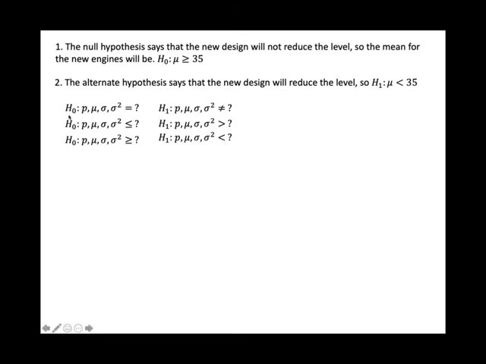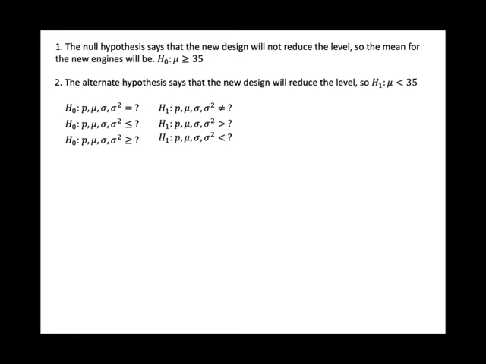And again, the null and the alternate hypothesis are always complementary. If this is an equal, this is going to be not equal to. If this is a less than or equal to, this guy has to be strictly greater than. And if this is a greater than or equal to, this guy has to be strictly less than. So this is the first step, to decide the null and alternate hypothesis.